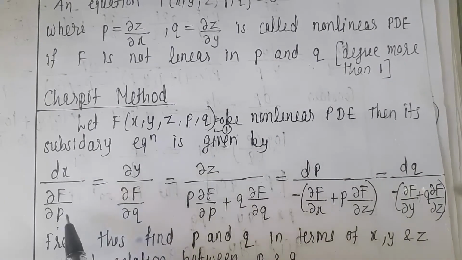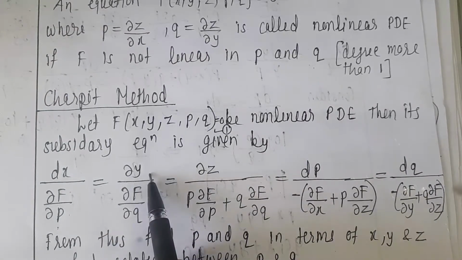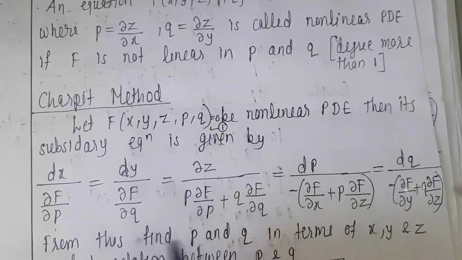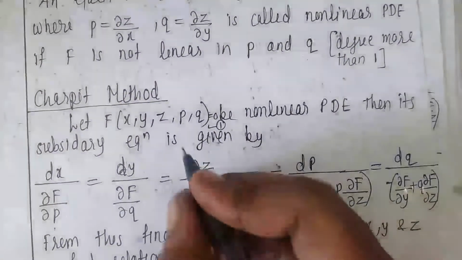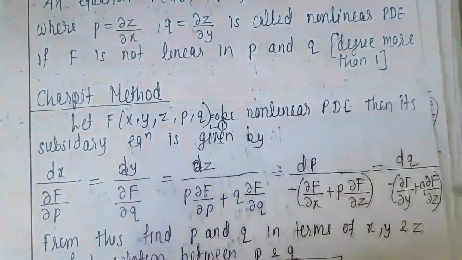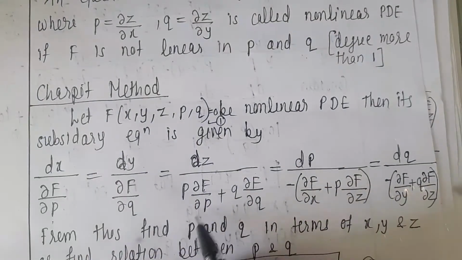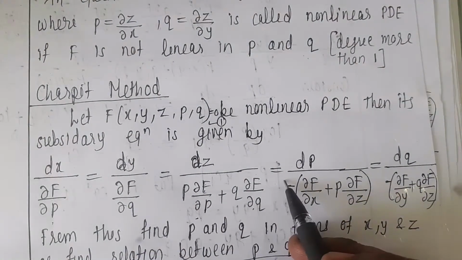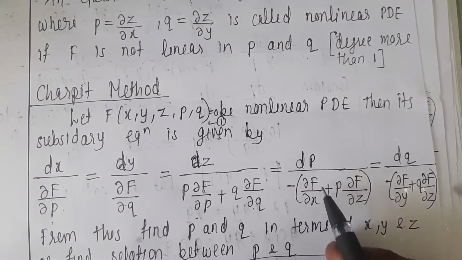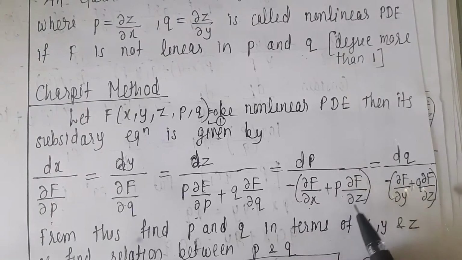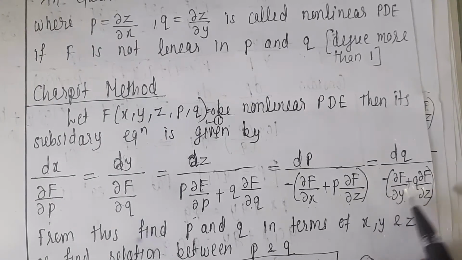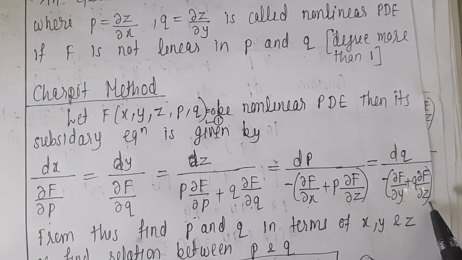So dx upon ∂f/∂p is equal to dy upon ∂f/∂q is equal to dz upon p ∂f/∂p plus q ∂f/∂q is equal to dp upon minus of ∂f/∂x plus p ∂f/∂z is equal to dq upon minus of ∂f/∂y plus q ∂f/∂z.